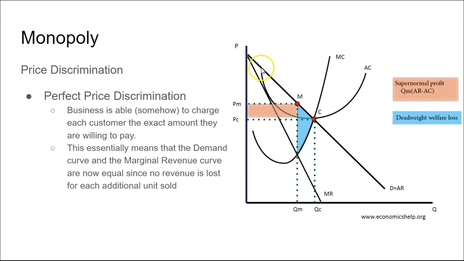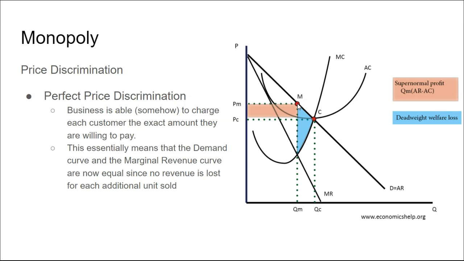For the second customer, I'm charging them a little bit less, but the first customer, still the large amount. I'm going to go all the way around, which means I don't lose the marginal revenue for the previous customers, because I discriminate on the price. I charge different prices. For whatever reason I'm able to do this, we'll just kind of go with it.